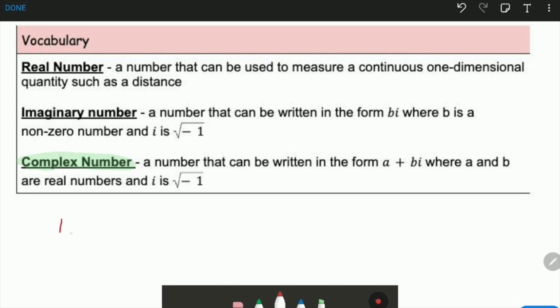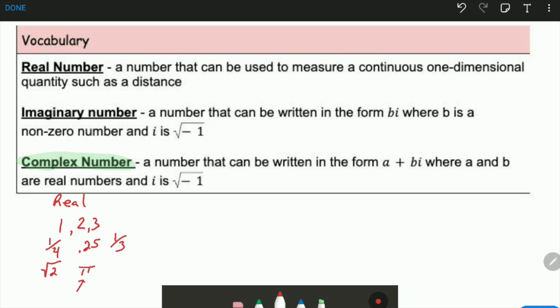Numbers include 1, 2, 3. These are all real. 1/2, or apparently 1/4, because I'm writing 1/4. 0.25, 1/3, the square root of 2, pi. Yes, you could find pi on a number line.